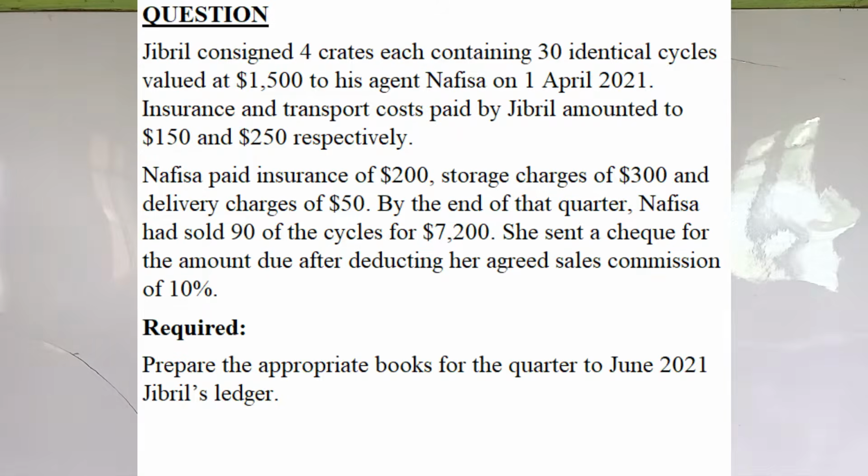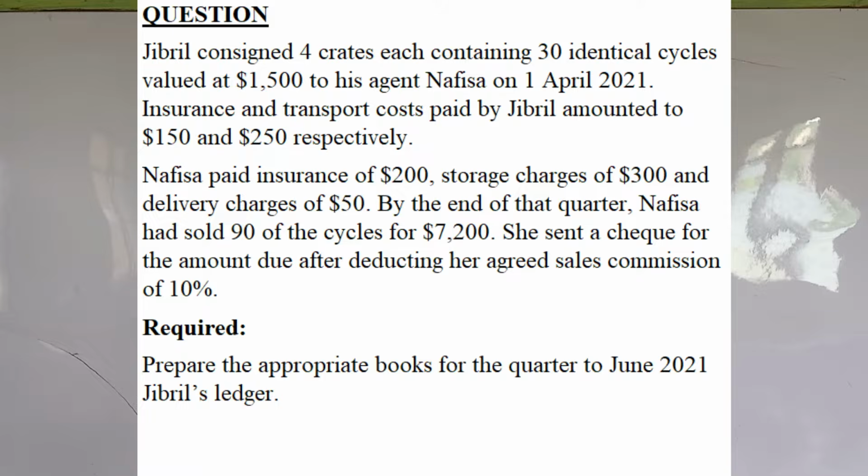Jabril consigned 4 crates, each containing 30 identical cycles, valued at $1,500 to his agent, Nafisa, on 1st April 2021. Insurance and transport costs paid by Jabril amounted to $150 and $250 respectively.